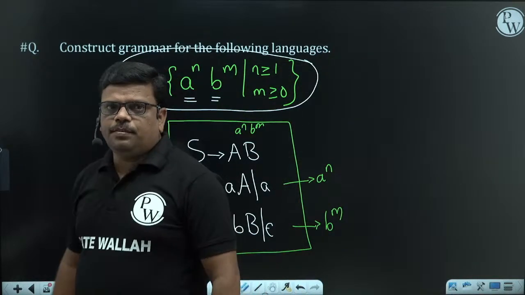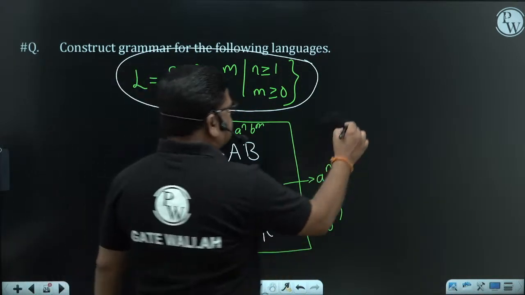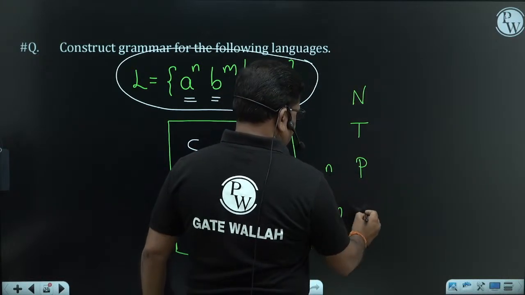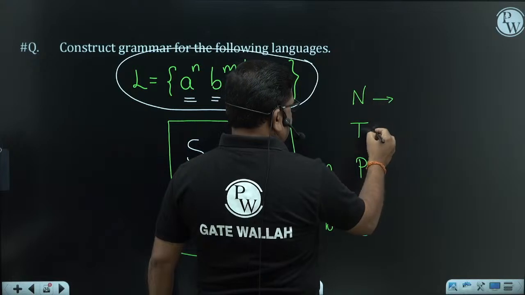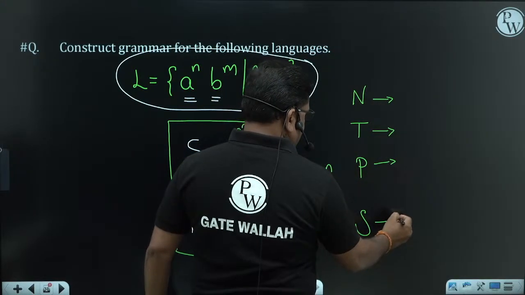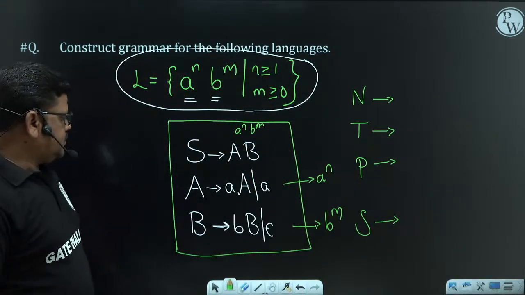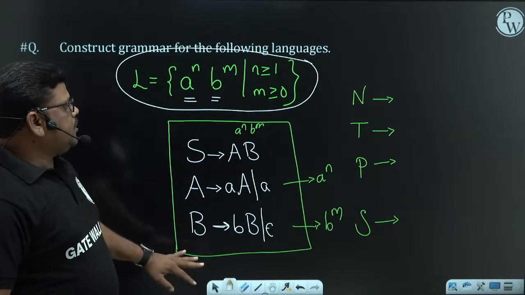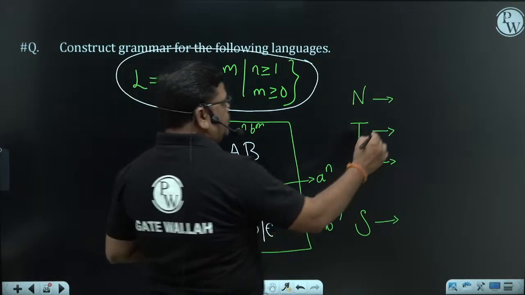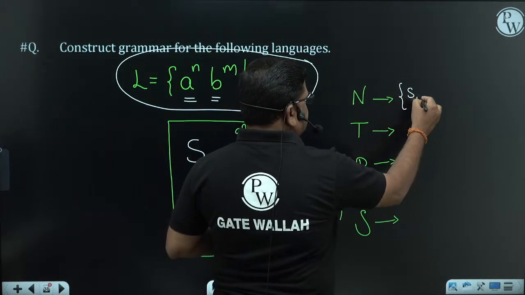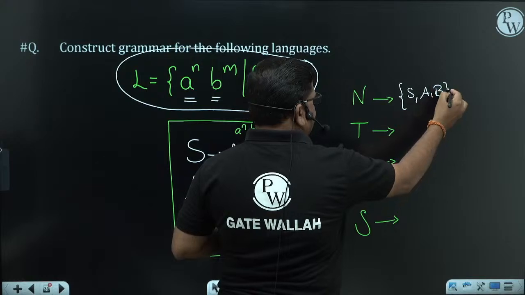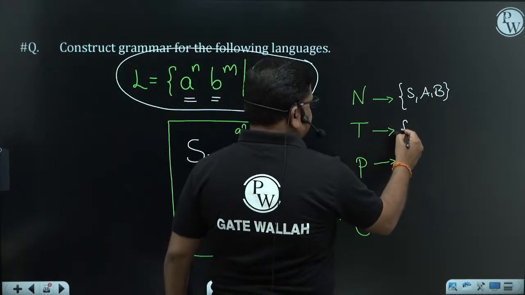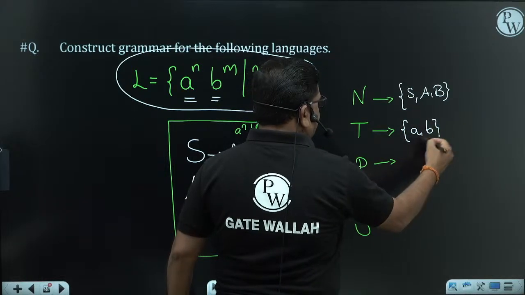So in this, if we want to perform NTPS analysis, how many non-terminals? Non-terminals of this grammar, 3 non-terminals, S, A, B. How many terminals? Small a, small b.